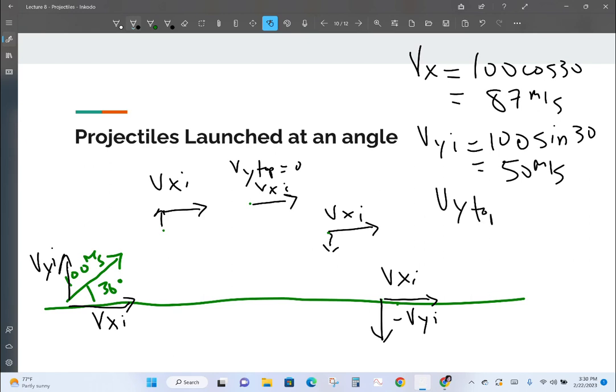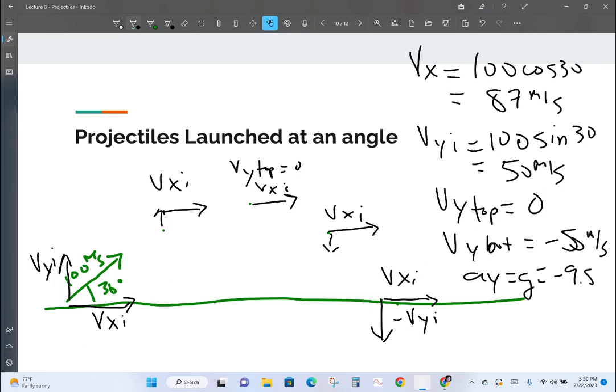Vy at the top is going to be 0, and Vy at the bottom is going to be negative 50 meters per second, and gravity is going to be negative 9.8 meters per second squared. And there is no acceleration in the x direction, so Vx is always 87 meters per second.